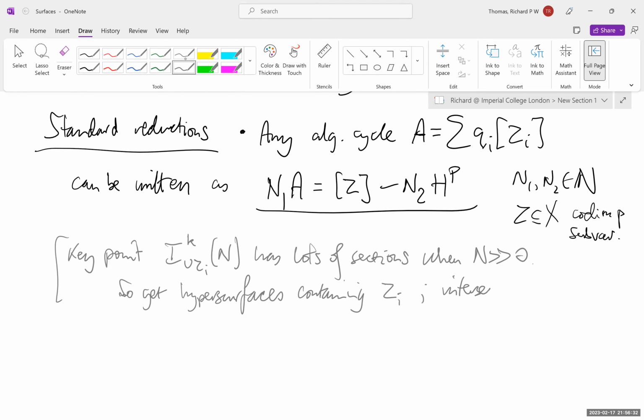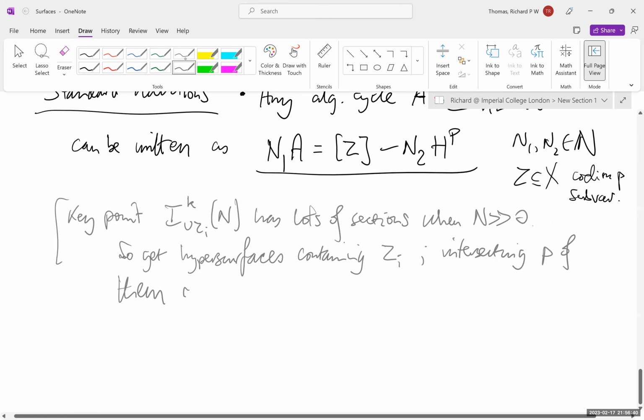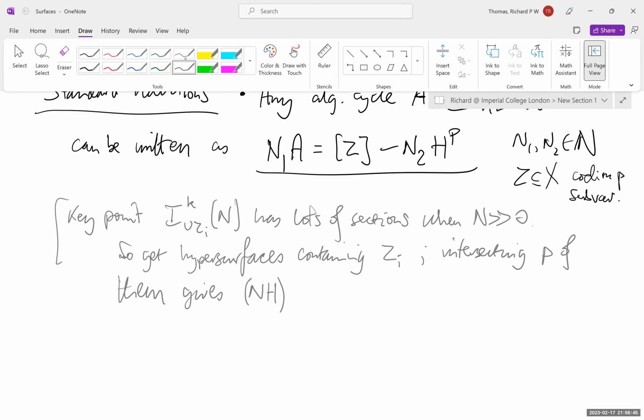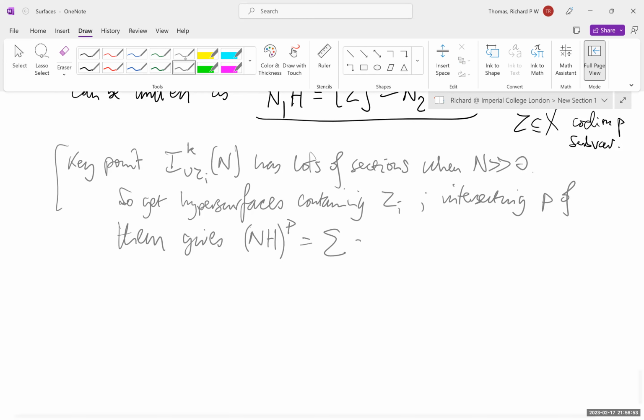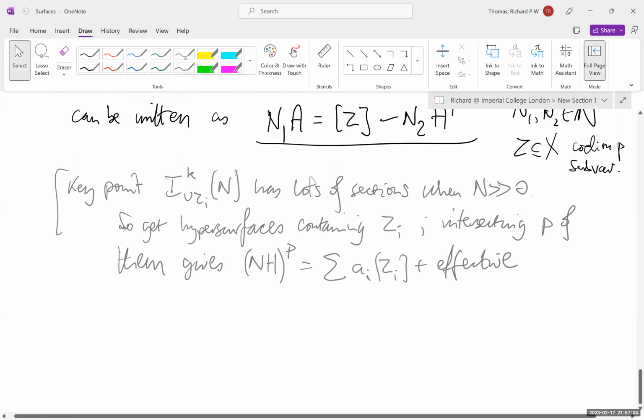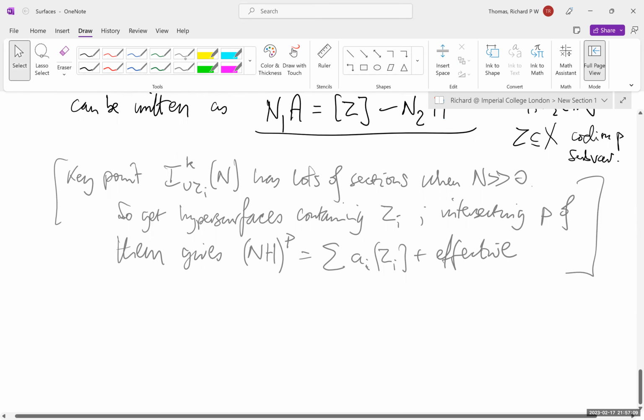And intersecting p of them gives a relation like this. I take my hypersurface class, n times h, intersect it p times, and this is some positive combination of the Zi's plus some effective thing, which will eventually become my Z in the statement up here. Okay, so that gives you what you want.